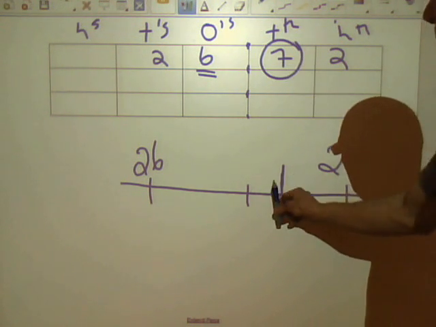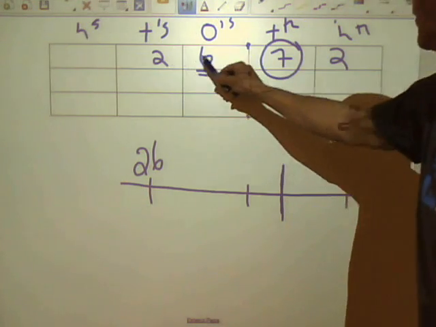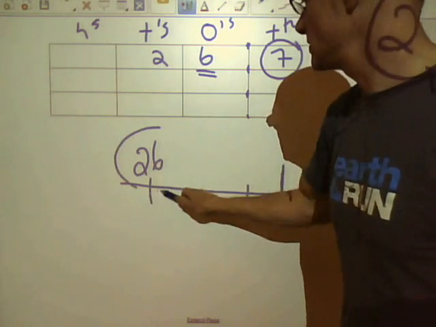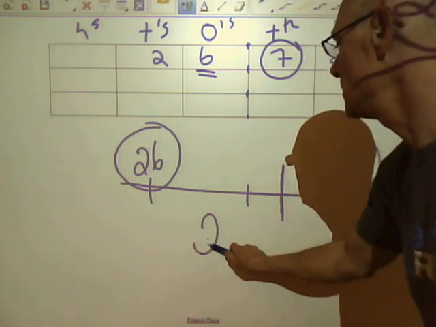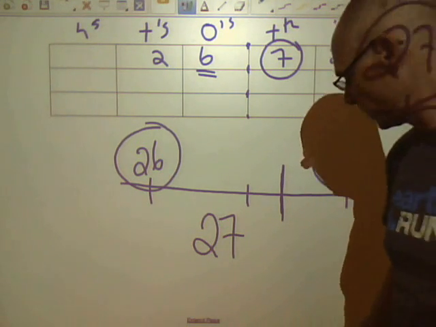Because the 7 is more than 5. That means this number here is closer to 27 than it is to 26. So the answer to this question is 27. So it's really good to look at number lines.